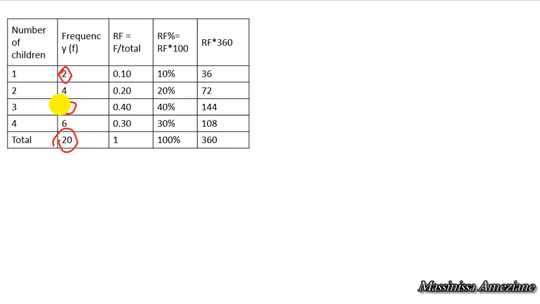For this one it is 8 divided by 20, so it is 0.4. Then we can find the percentage by multiplying the relative frequency by 100. So here it is 40%, here it is 30%, and so on. The total is always 100%.